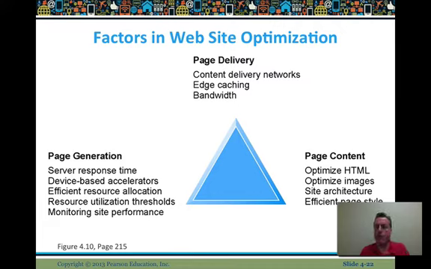So when you're optimizing the delivery of your pages, think about using things like content delivery networks. I utilized a variety of video content delivery networks when I was CIO at Real Savvy Media. I worked with them to find the right content deliverers, and I used multiple ones for different types of videos and different projects.